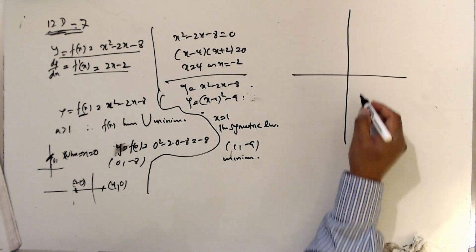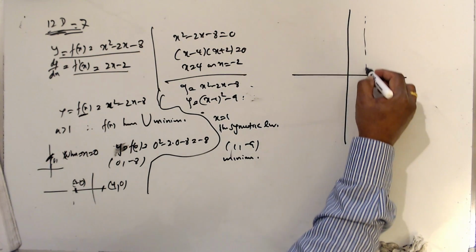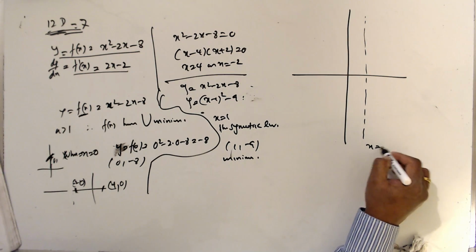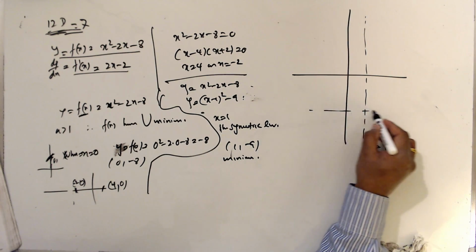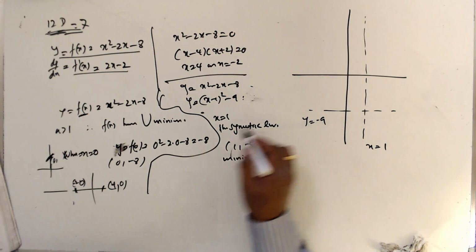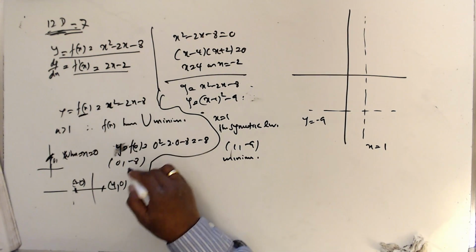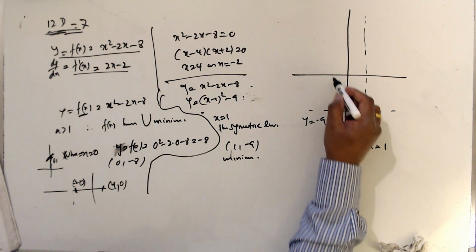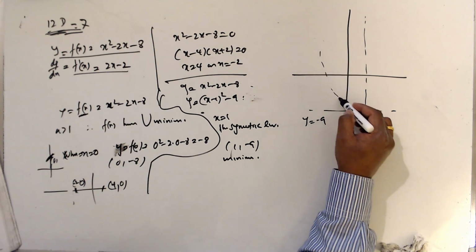So this is x equal 1, this is y equal minus 9, and it is going through (0, minus 8). So something like this.